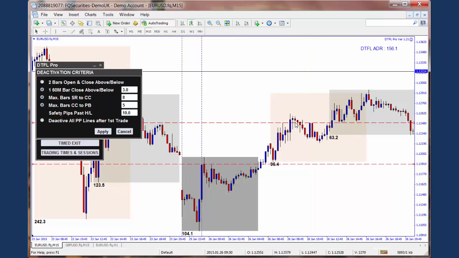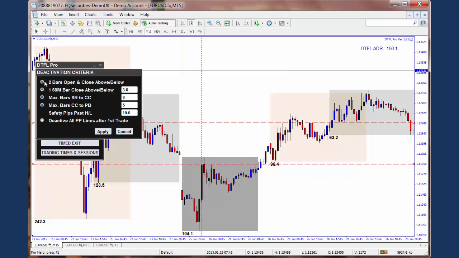This closes at the bottom of the red body of the candle. That is actually above the PP line, but it's not 3 pips above. So actually, it would not be deactivated. It would continue the stop run. After the stop, it would continue to look for a confirming candle. But it shows there are differences between the two.